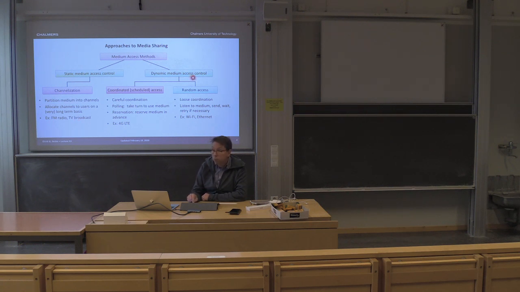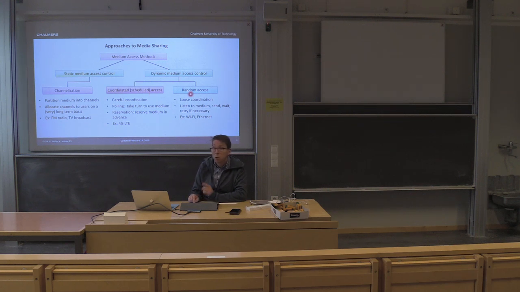The dynamic one, which we will concentrate more on in this course and also today, can be divided into two main classes, and one is coordinated and one is random. Coordinated or scheduled access means that we plan how people or nodes are using the channel, so in a structured way.